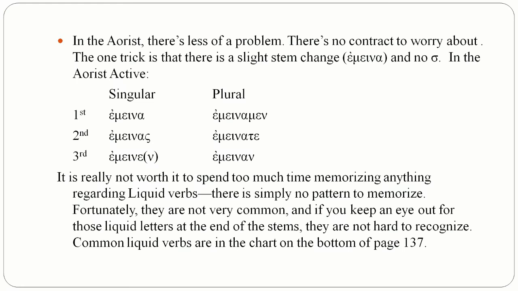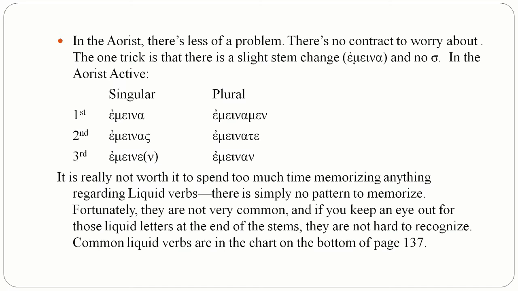So here on the screen are the six forms of menō in the first aorist active. As you can see there, because it is an aorist, we're all going to get epsilons at the beginning with smooth breathing marks. Normally, we would also get a sigma at the end, but because this is a liquid verb, no sigma in the aorist.